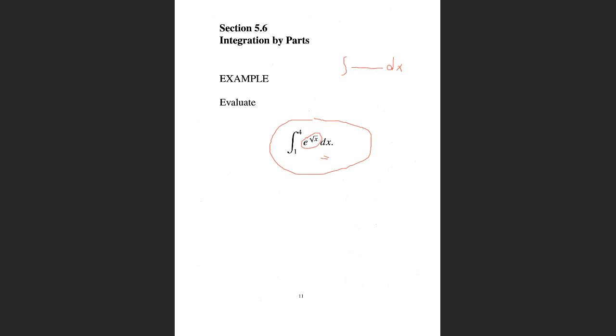In other words, we have to simplify this integral. So we're going to make a substitution first. We're going to let u equal x to the half power, which is the square root of x. So let's go to the next page.